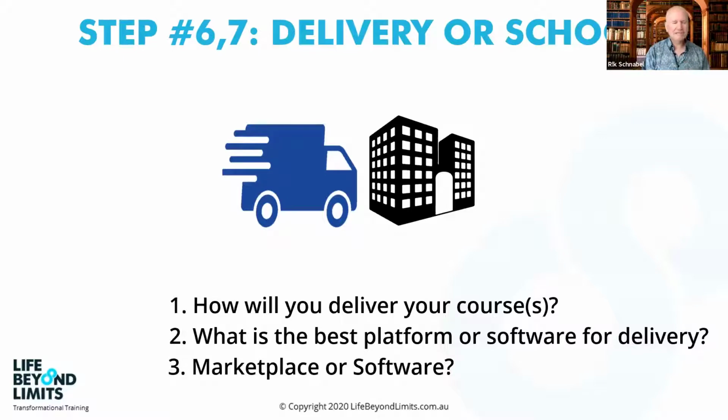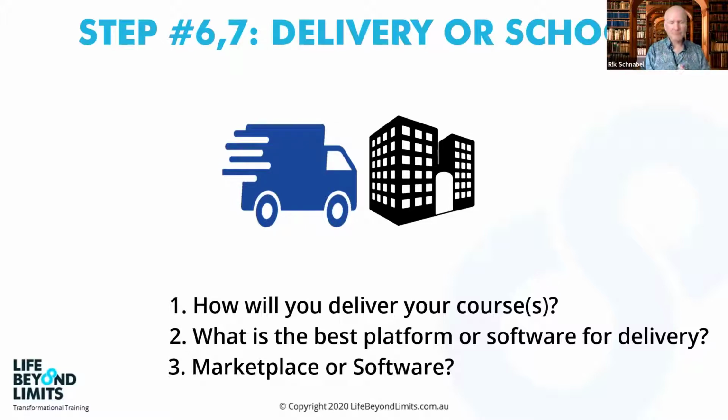But a big decision to make is whether you're moving into the marketplace space or whether you're moving into the software space. What that means is the software space is you'll get something like a membership type plugin into your website so you can deliver the course content in a drip feed type sense. Or the marketplace is where you put your course where there are many, many people all searching for courses.